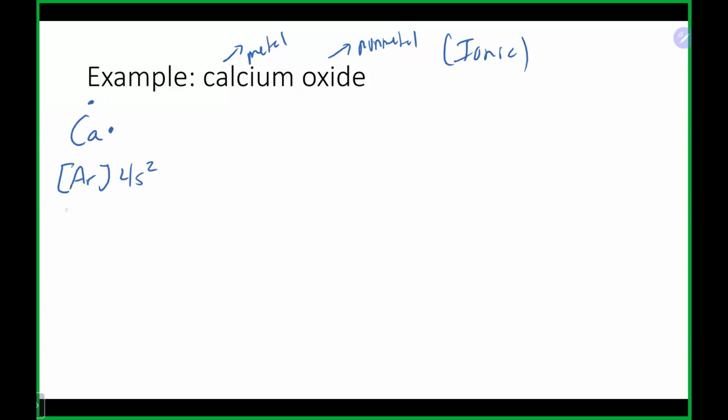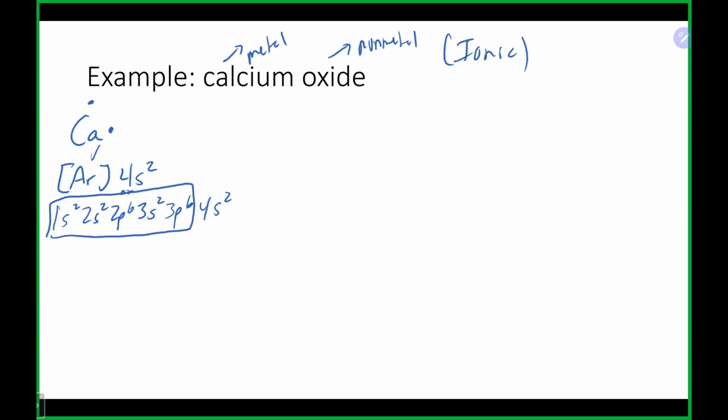And if we really wrote it out, it'd be 1s2, 2s2, 2p6, 3s2, 3p6, and 4s2. Once again, if you count up all those numbers on top, that is 6, 8, and 10, 12, and 6 more is argon's configuration at 18.